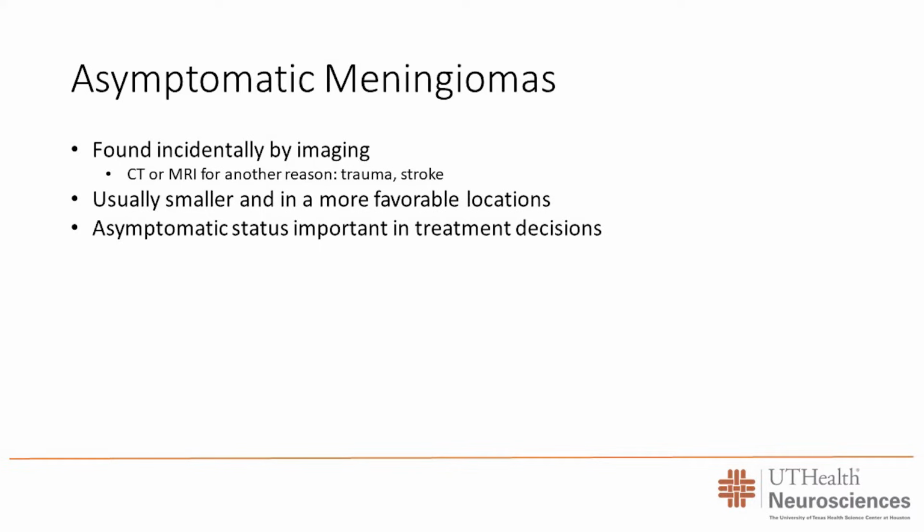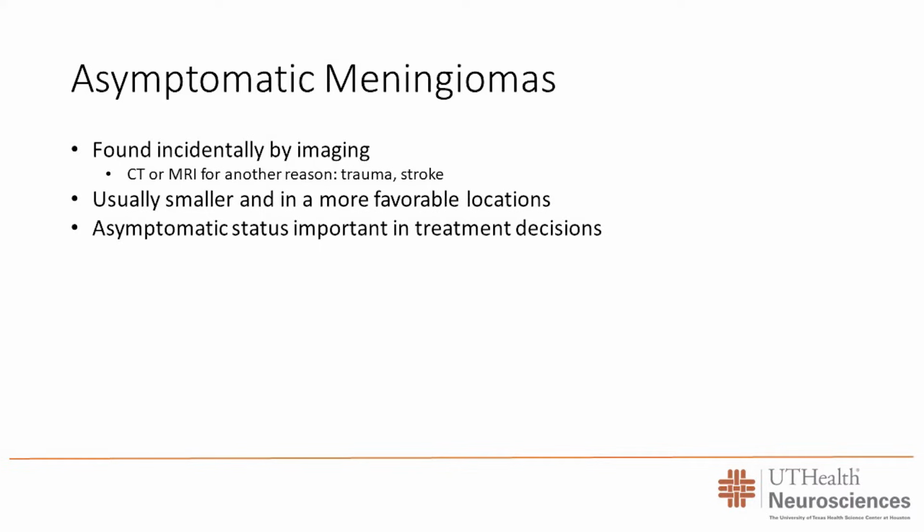So what about asymptomatic meningiomas? This is going to be an important topic, and some of you may have this. What that means is you had an MRI or CT for another reason. You had a TIA, or you were in a car accident, and somebody wanted to make sure you didn't have any brain injury. And in fact, what the scan shows is not what the doctor might have been worried about, but a meningioma.